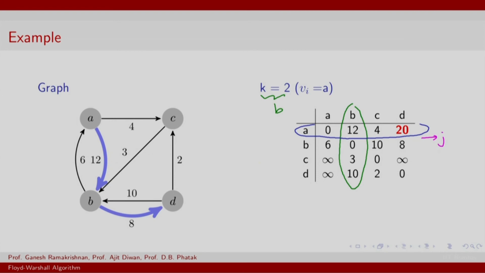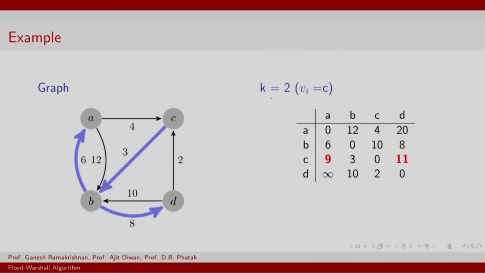We certainly will start with C, Vj equals C, and that will mean comparing AB, that is 12, with BC, that is 10. So 12 plus 10 is 22, which is actually greater than the existing weight 4 on AC, the Dij. So we leave this unaltered, but then we look at the next one, 12 plus 8, and we compare that again with AD, which was actually infinity. So this leads to an update.